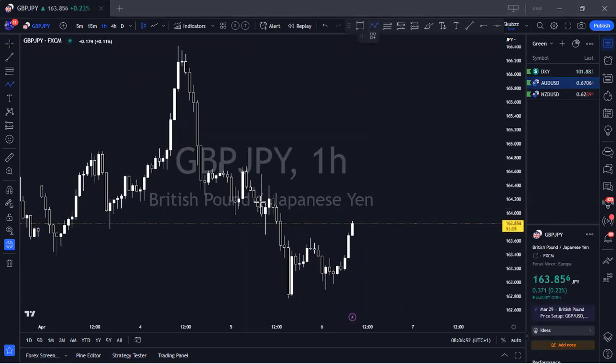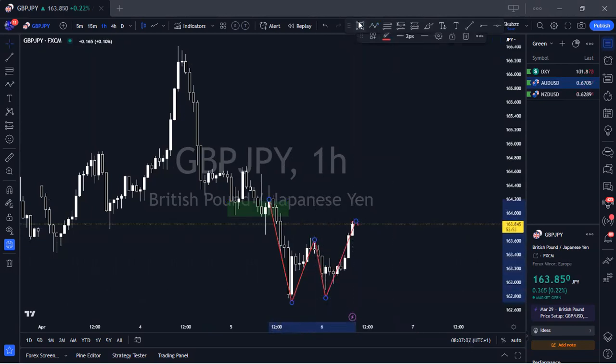Yesterday, this was what happened. We had these lows here, and then price broke it to the downside, created a lower low, went up, created a lower high, came down, failed to create another lower low, and now it's pushing up.